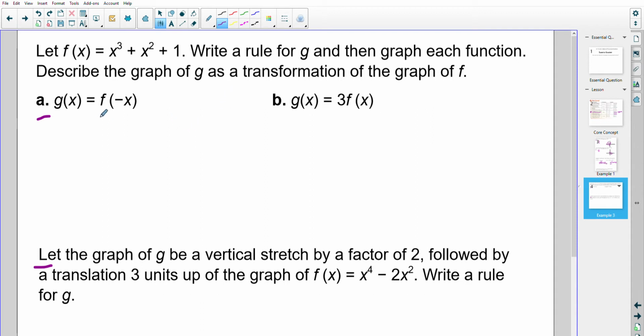And so if it's telling you what the rule is, basically you're doing a substitution of -x in for x. So that means all of your x's become -x. So I'm just going to put in -x for my x's and then go ahead and expand.